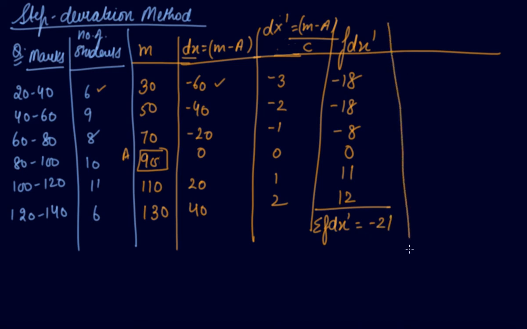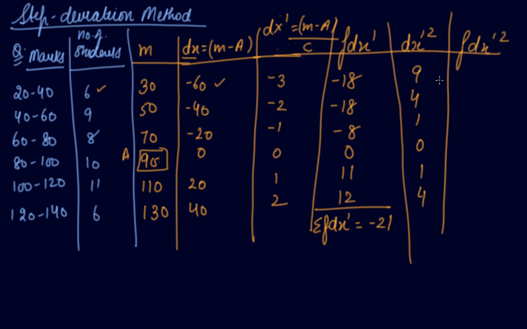Now we will find out the d dash x square. 3 3s are 9, 4, 1, 0, 1 and 4. Now we will multiply it with the frequency. So this into this. 6 9s are 54. 9 4s are 36.